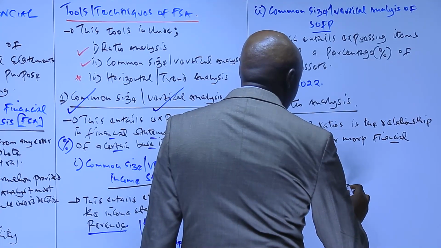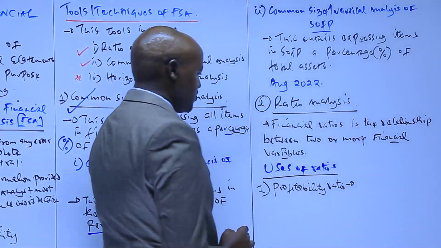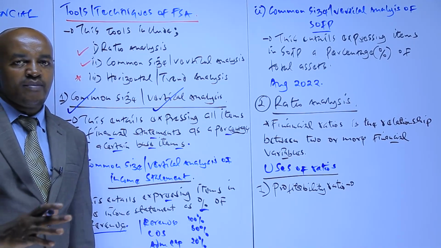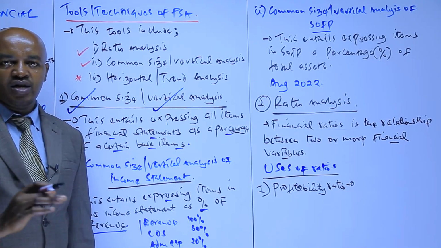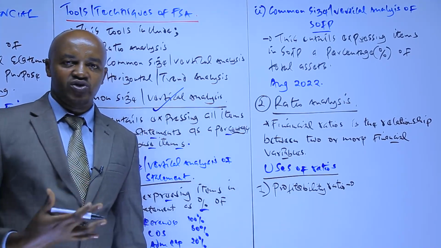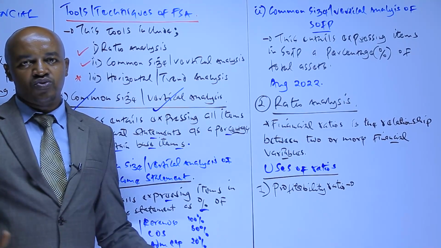Now, these particular ratios are used in terms of measuring the performance of the company's management, because in this case we say that if the company is performing well, then that is as a result of the good performance of the company's management.